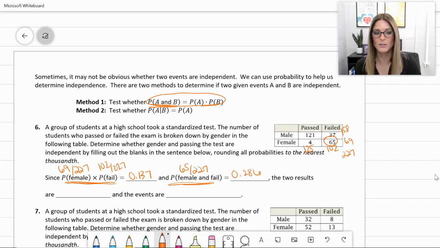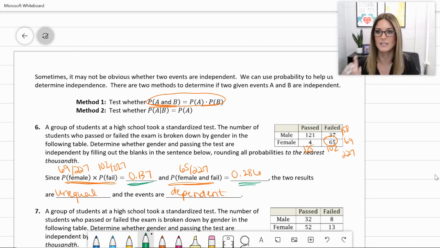Now, because these two results are unequal, that means that these two events are dependent. We literally got two different values here. We got 137 thousandths and we got 286 thousandths. Not the same, so therefore they are not independent, they are dependent events.